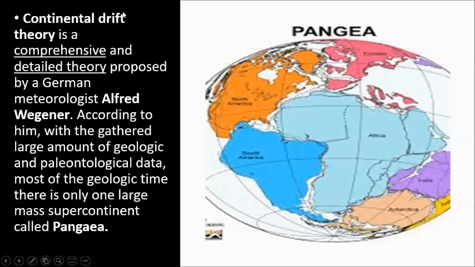Is defined as continuous slow movement from one place to another. Pag sabihin natin continental drift, this describes one of the earliest ways geologists thought continents move over time. That's why proposed ito ni German meteorologist Alfred Wegener.